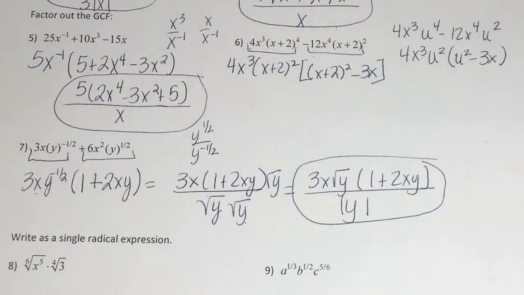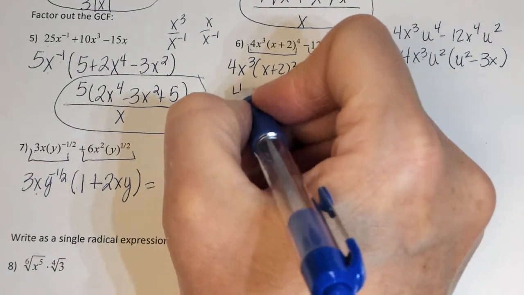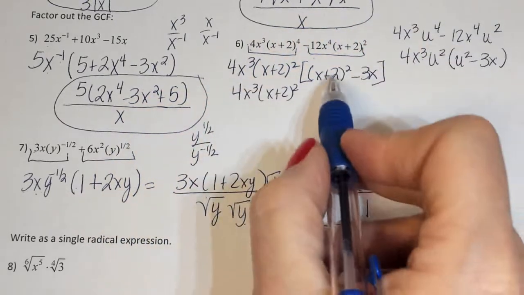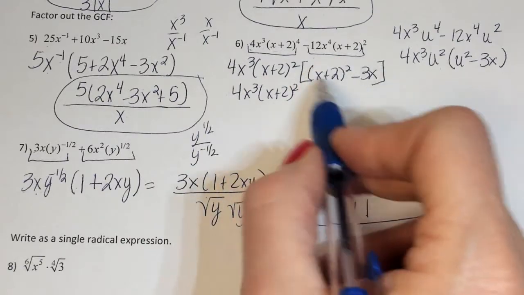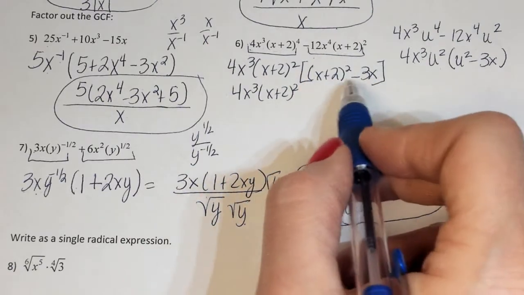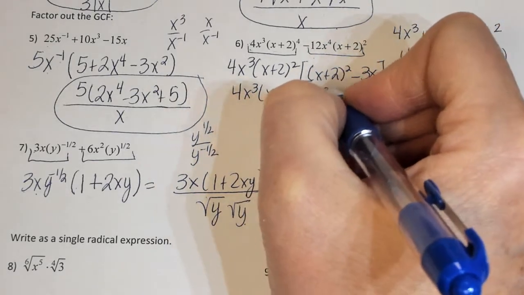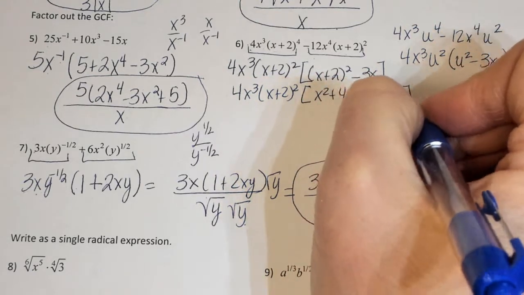I have to have it completely factored. This is already factored. This is factored. This is not factored though, because I have to combine all of this first. See, this has to be combined, and then I have to see if I can factor it even further. So this is going to be x squared plus 4x plus 4 minus 3x.